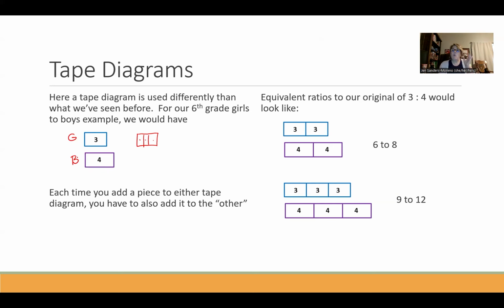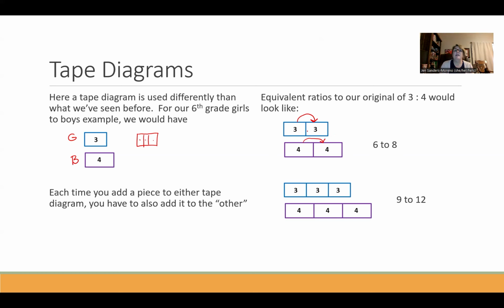Okay. Now, how this works is that to get an equivalent ratio, what we would do is we would build it up. Meaning that if I built up and added another 3 girls, then that means I'm going to add another 4 boys. So every time I add a box or piece to one tape diagram, I have to also add it to the other because our ratio is staying constant.